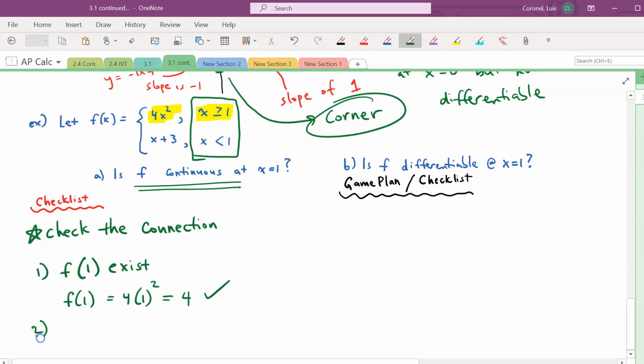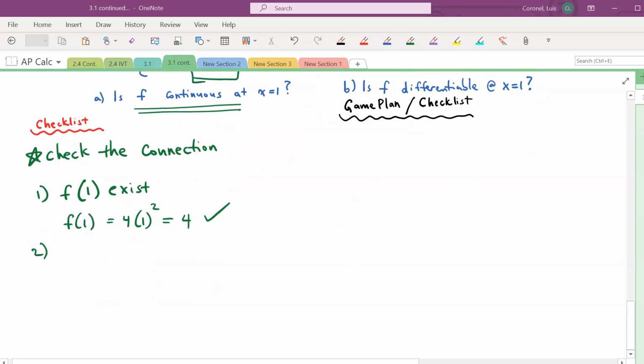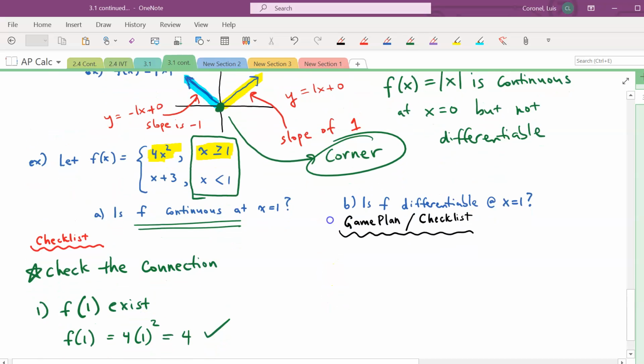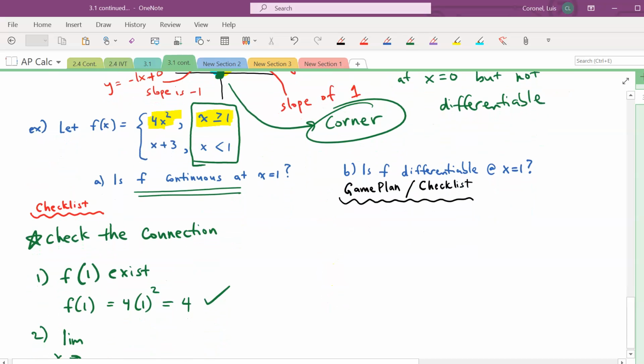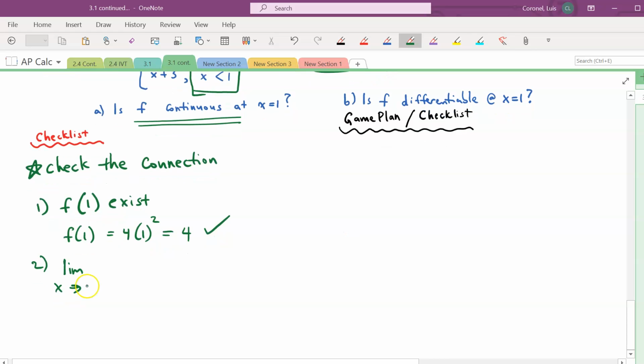Check number 2. Does the limit exist? The question is, does the limit as x approaches 1 exist?